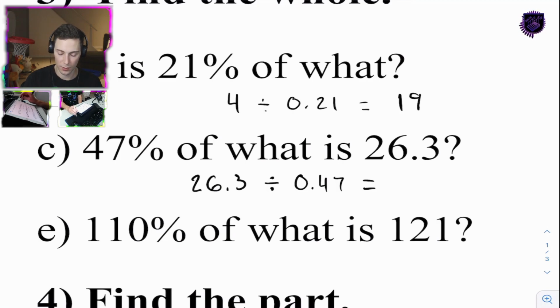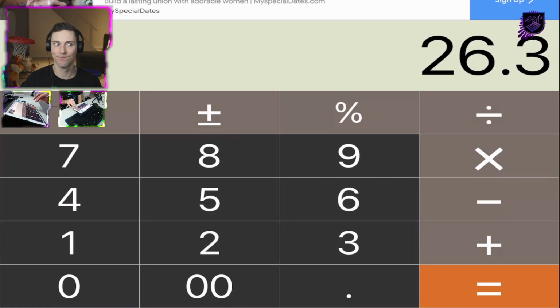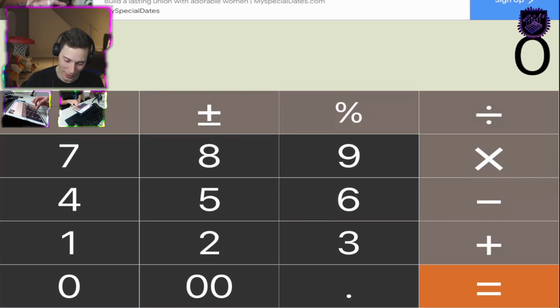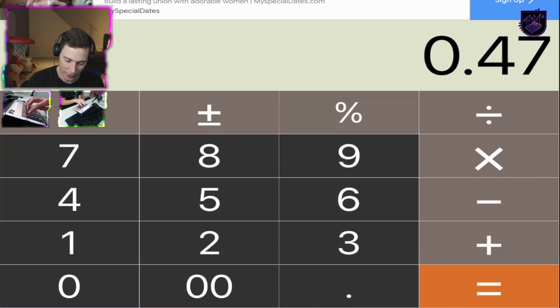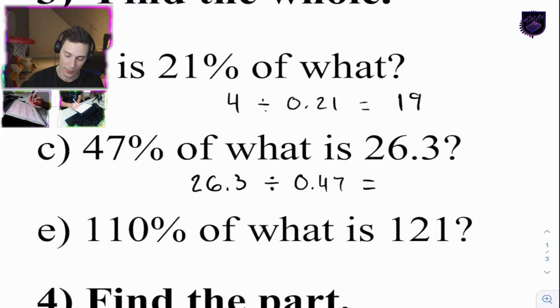Wait a second. 26.3 divided by 0.47 equals 55.96. Oh my goodness.